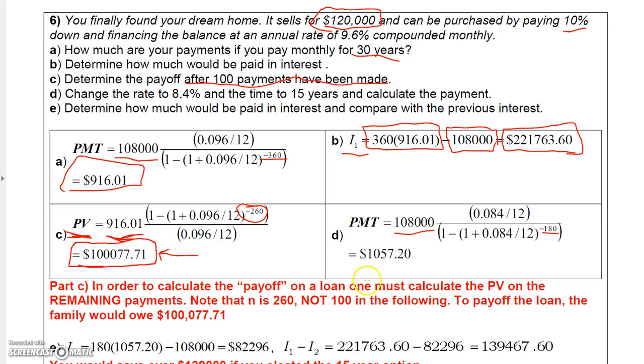So notice that your payment is only about $150 more a month. And the reason I dropped the rate to 8.4 is because sometimes when you pay it off quicker, you're less risk, so they'll give you a better rate. So under these conditions, you could pay it off in 15 years by paying $1,057.20 per month.